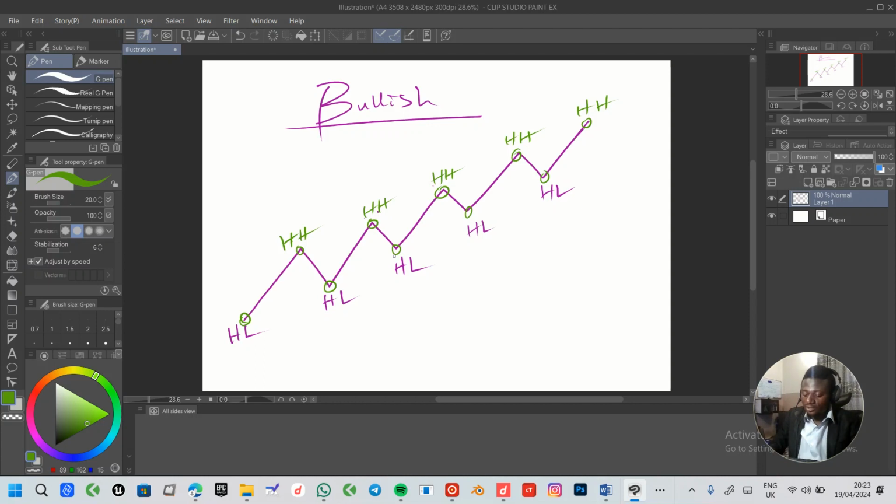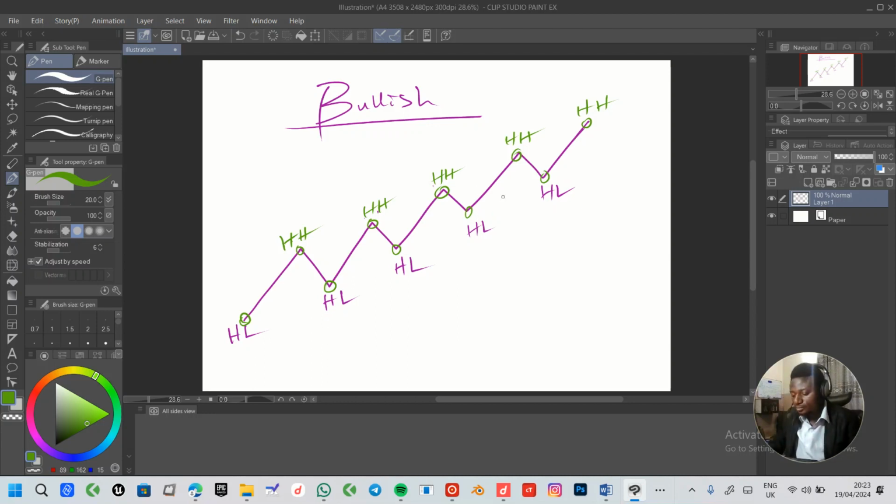Now when it comes here, this is a higher low because it's higher than the previous low. This is a higher high because it's higher than this previous high. This is a higher low because it's higher than the previous low. This is a higher high because it's higher than the previous higher high. This is a higher low because it's higher than the previous higher low.